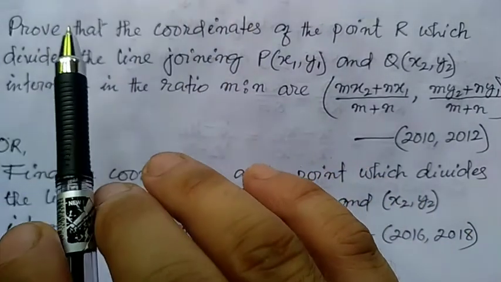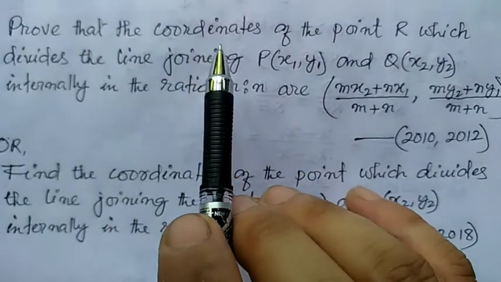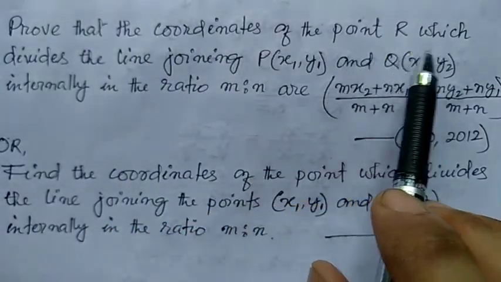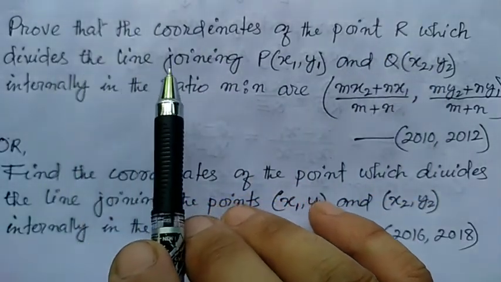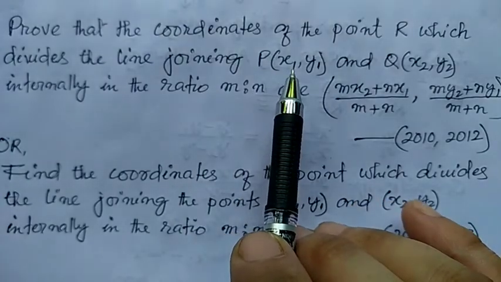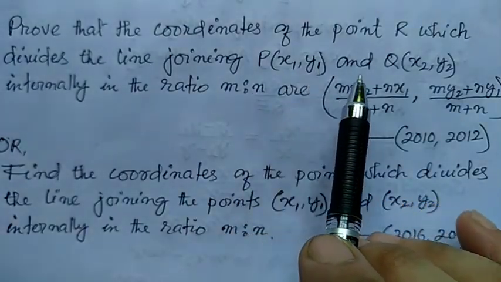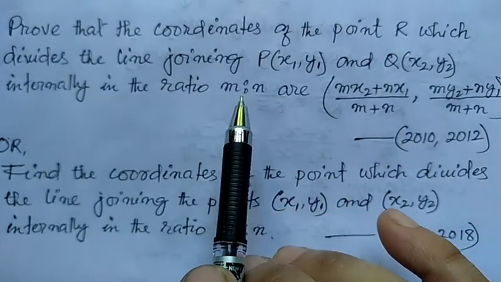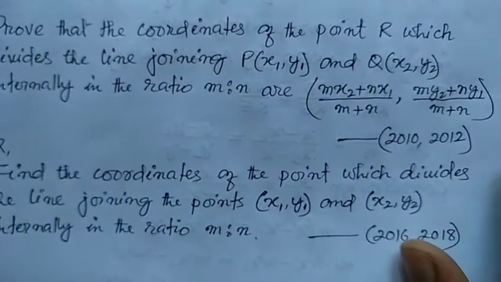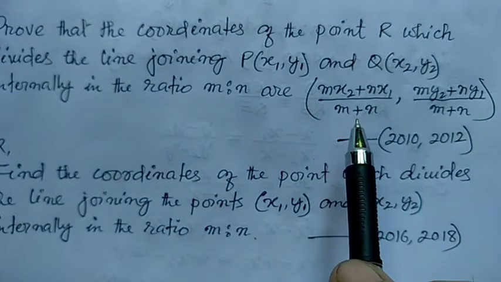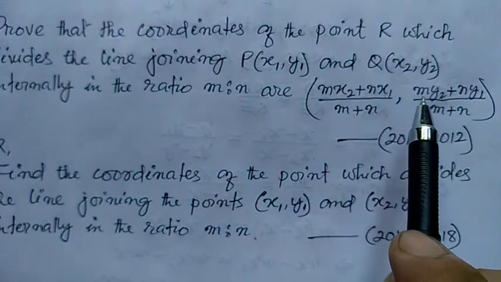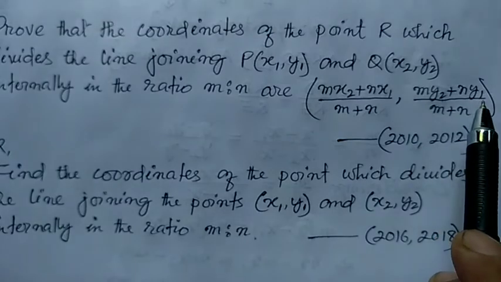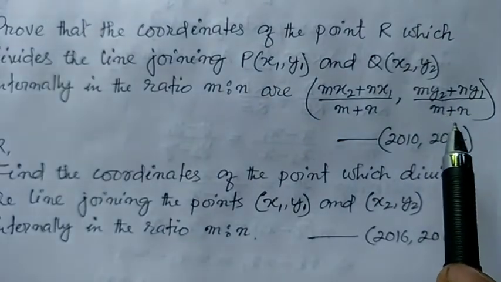Look at the question. Prove that the coordinates of the point R, which divides the line joining point P(x1, y1) and Q(x2, y2) internally in the ratio m is to n, are (mx2 plus nx1) divided by (m plus n), comma, (my2 plus ny1) divided by (m plus n).